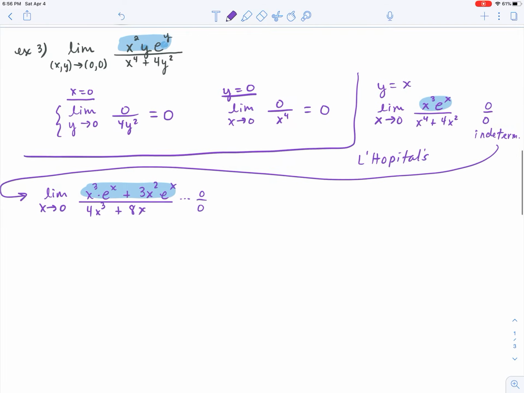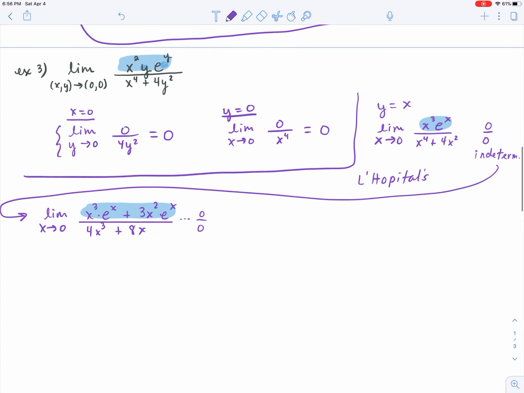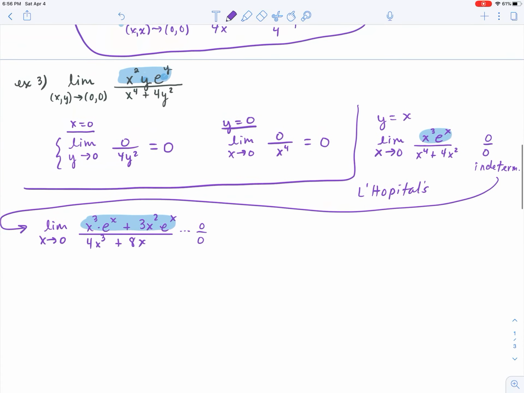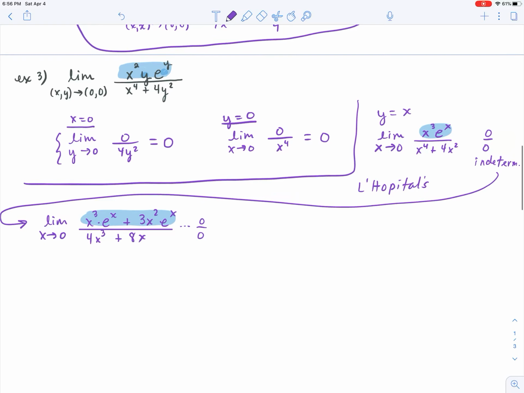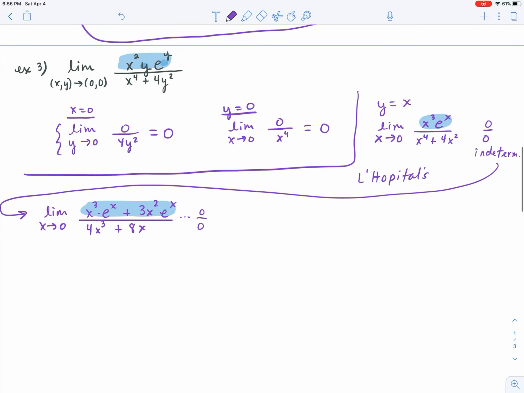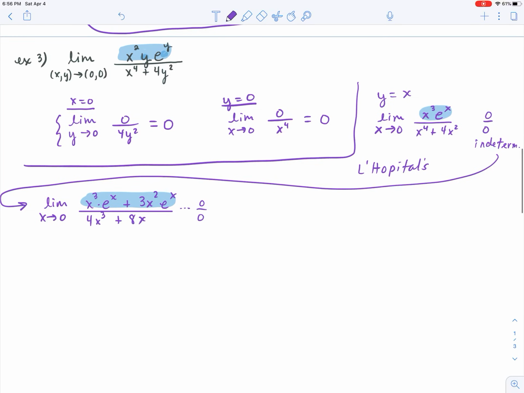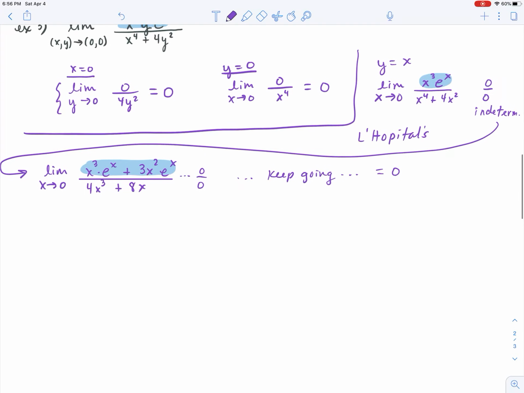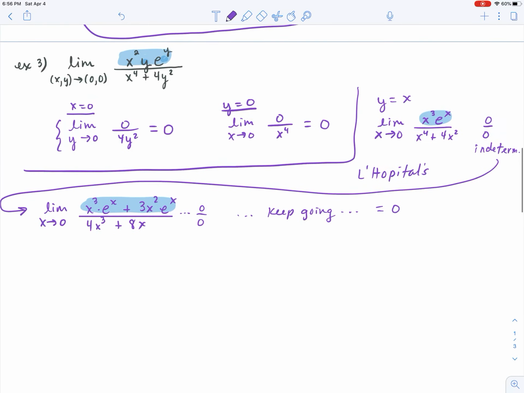This feels like it might give us problems, so why don't we just try a different approach? And the thing I'd like to point out here, by the way, if you keep going, you're going to end up with 0 on this one. But it's worth trying a different approach.